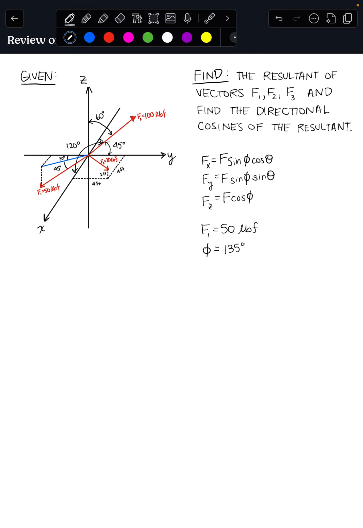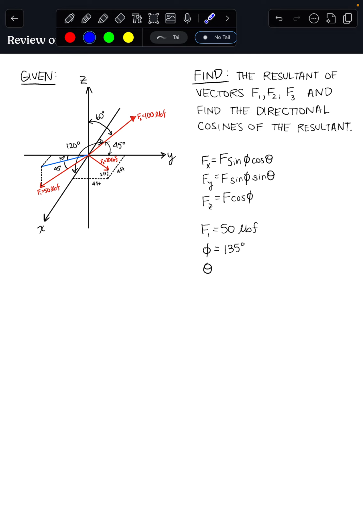Next, we need theta, which again is called our azimuthal angle. And theta is measured from the positive x-axis. And if we look at the direction, so first of all, we're given this 30-degree angle, which is not measured from the x-axis. Okay, so we're going to have to do a little transformation here.